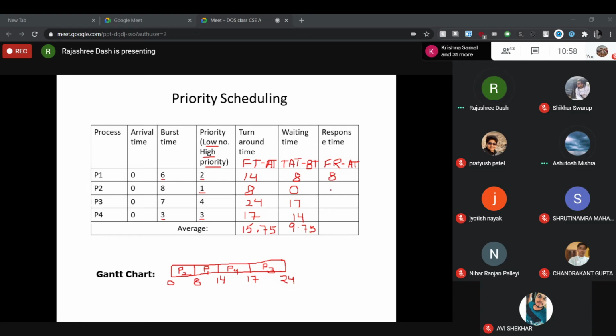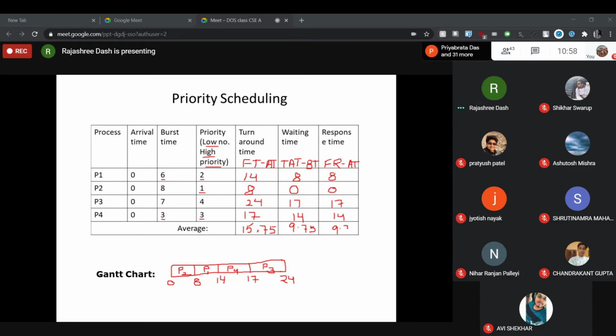For P2, 0 minus 0. For P3, 17 minus 0. For P4, 14 minus 0. The average is 9.75, the same, that is 9.75.